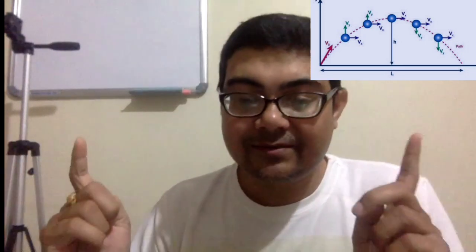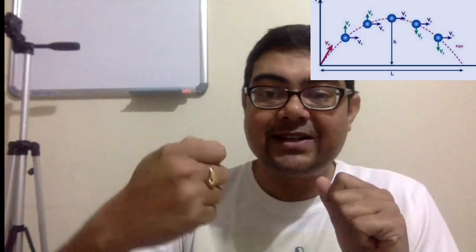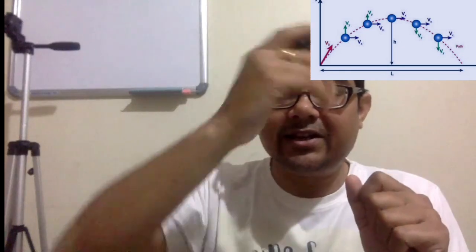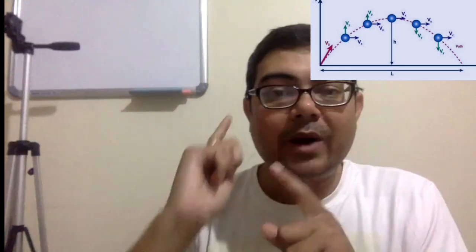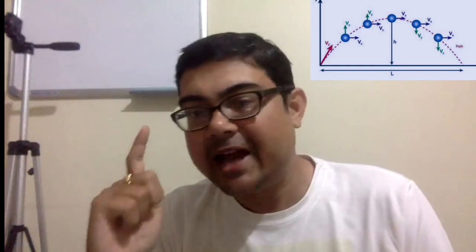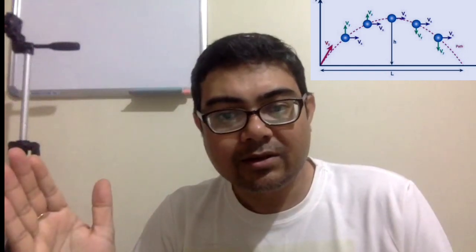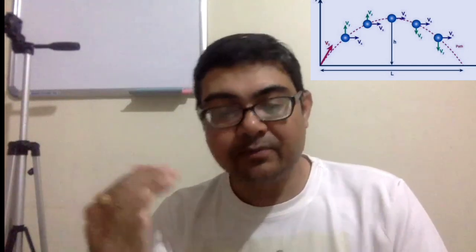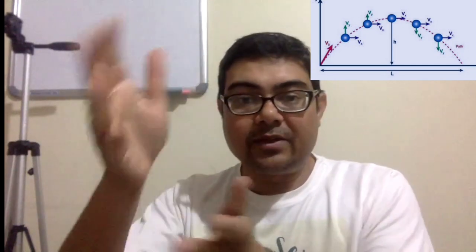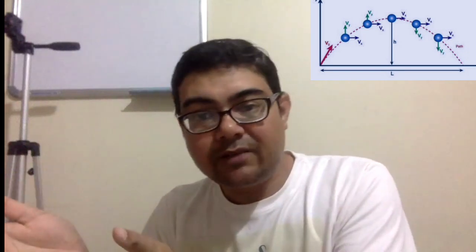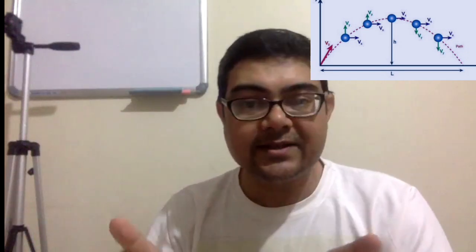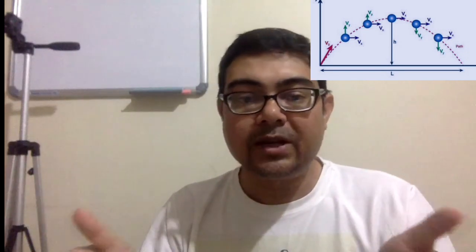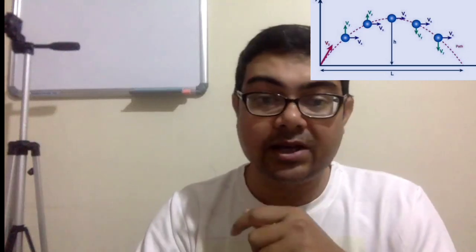So what I said: when a projectile is in the air, it moves in a parabolic path. Along the y direction, I have to take u sine theta. Recall the equations of motion: v is equal to u plus at, v squared is equal to u squared plus 2as, and s is equal to ut plus half at squared, right?